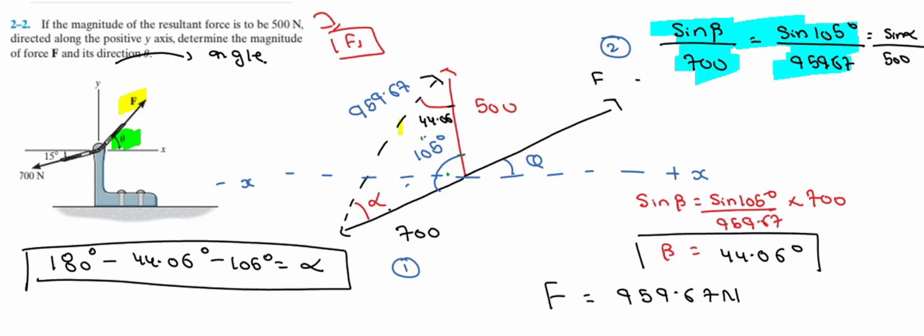Now the angle between 959.67 and 500 Newton is 44.06 degrees, and this is basically a head-to-head angle.